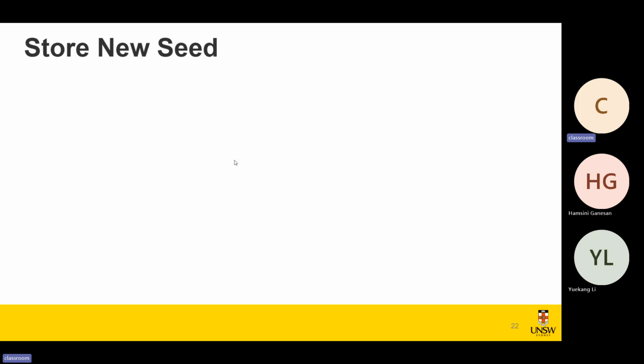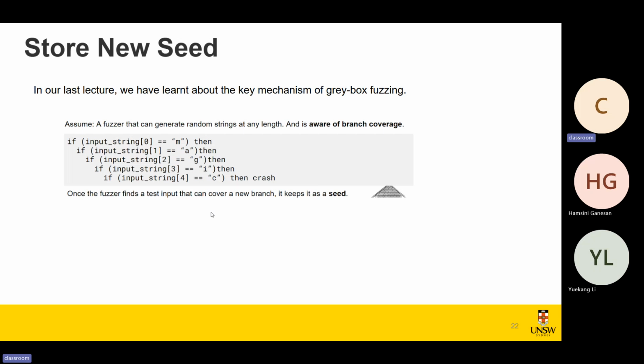So the first decision here is how does AFL determine when to store a new seed? In our last lecture, we learned that the key mechanism of gray box fuzzing is that it can explore the program states gradually by keeping some good test cases as the seed inputs for generating new test inputs in the future, right? So here we discussed two key things.